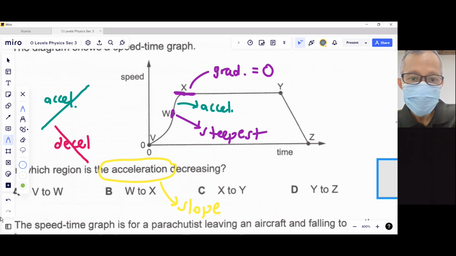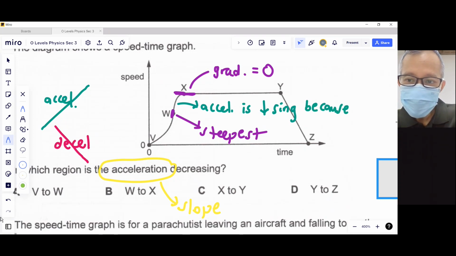In this case, from point W it is definitely an increase, but in between, from the middle point of W to X, I'm not too sure already, because that curve is very rounded. Yeah. But the point is the slope is getting less and less steep, and that translates to your acceleration decreasing.